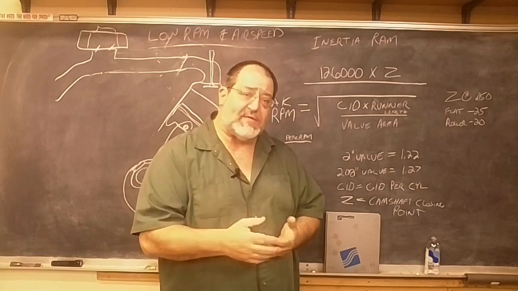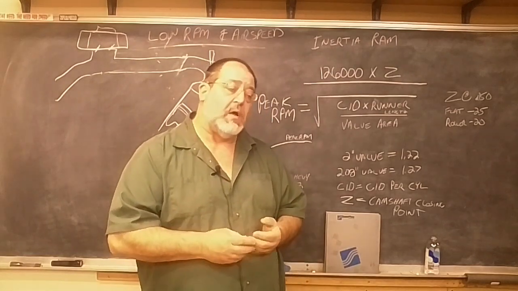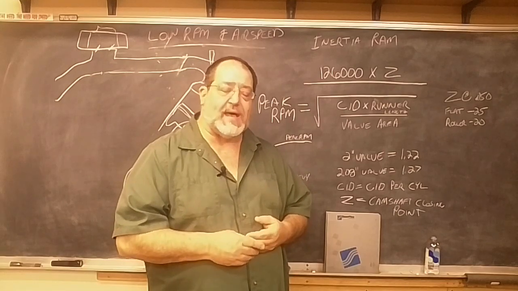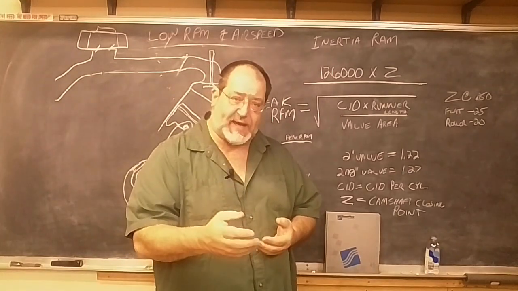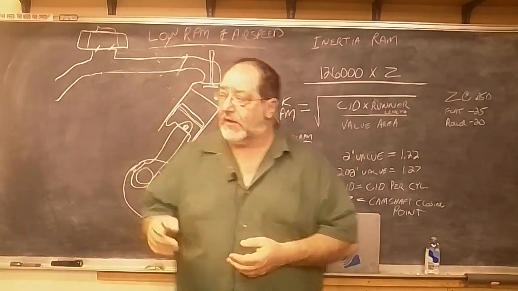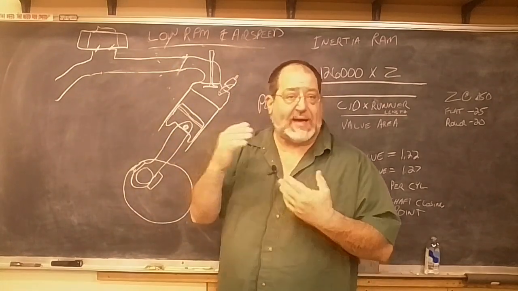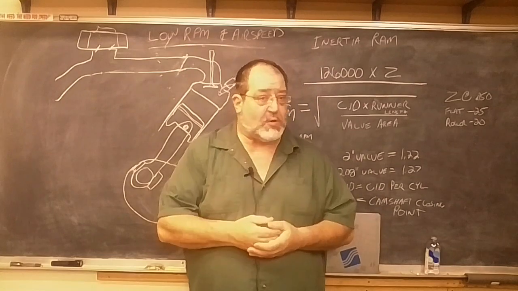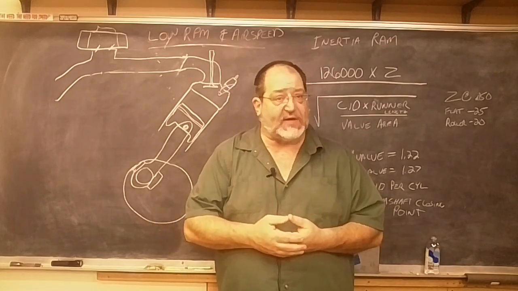And some intakes that we've kind of forgotten about, that was their purpose in mind. If you look at something like a Torker 2 intake, that's a straight runner. It's not got taper in it, so it's a longer runner, but it's a single plane and it's a smaller cross section.